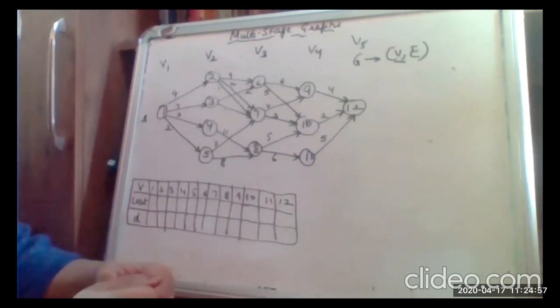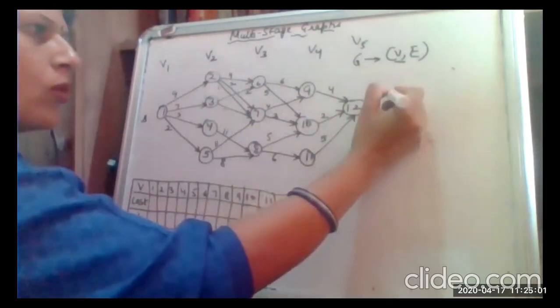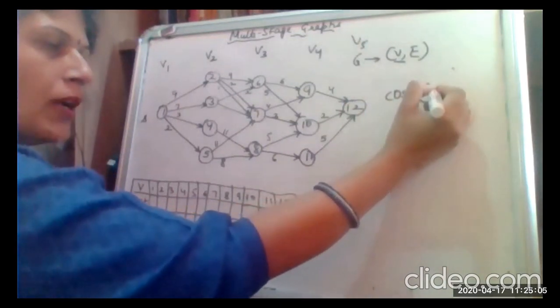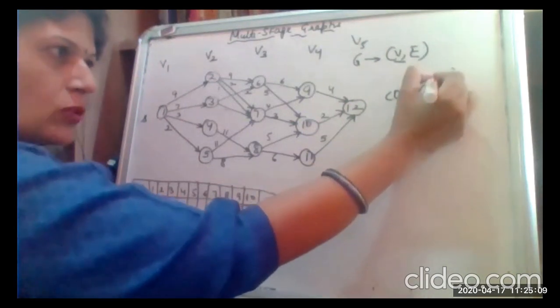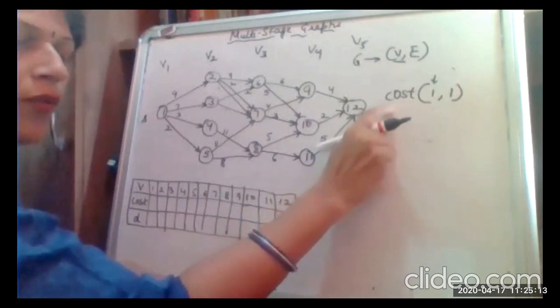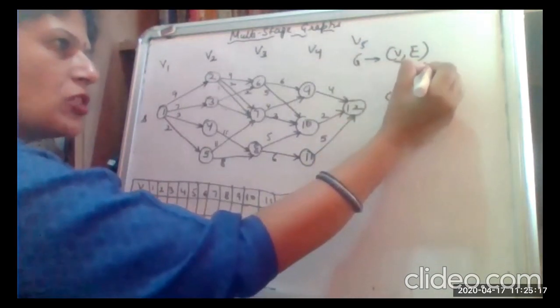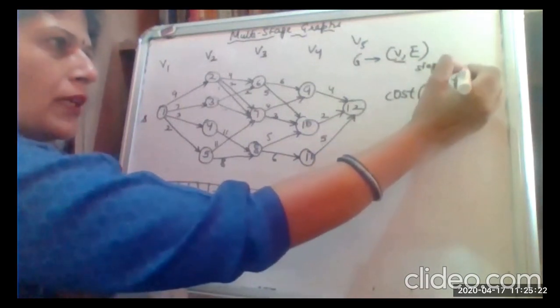And now to calculate the cost of starting from the stage 1 first vertex. The first parameter here for the cost is given as the stage, and this one is the vertex number.